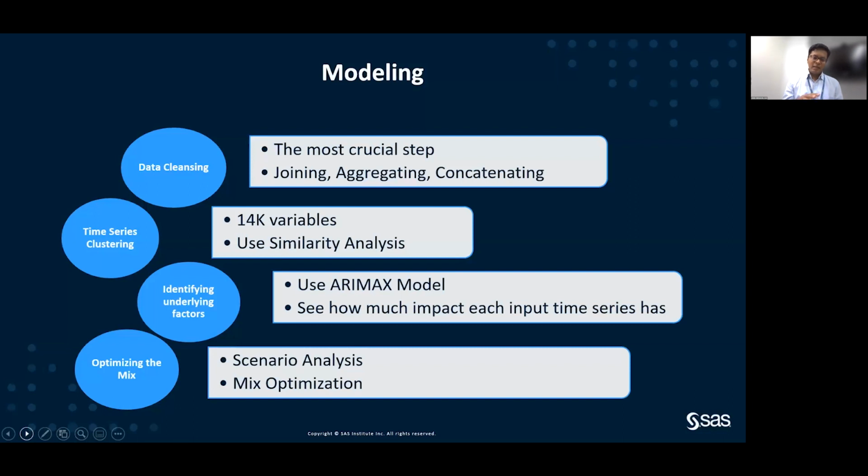Here my target time series is land use, as we have previously seen. We also have to see what underlying factors are contributing positively, negatively, and to what extent. For this we use the Remax model, and then we optimize the mix.